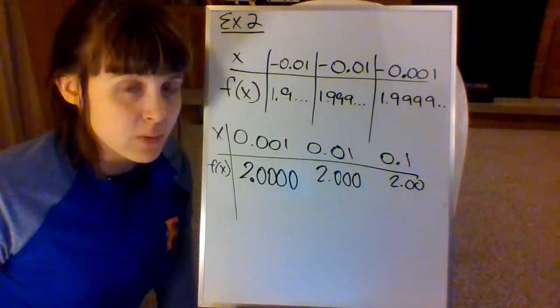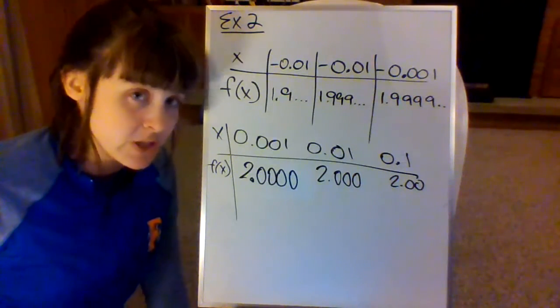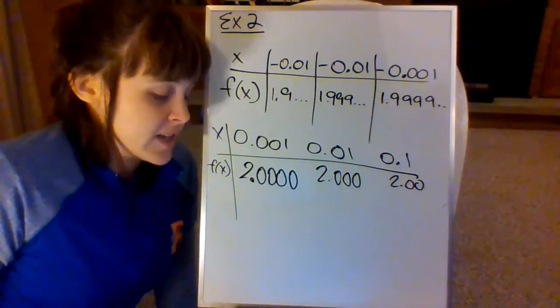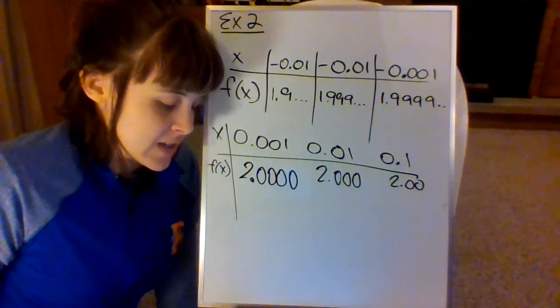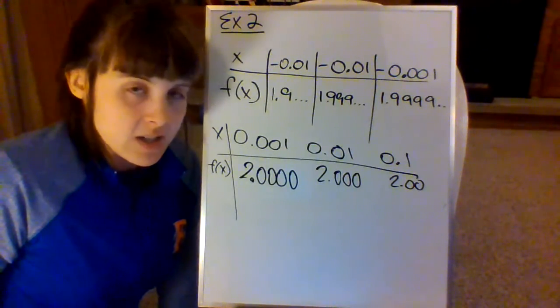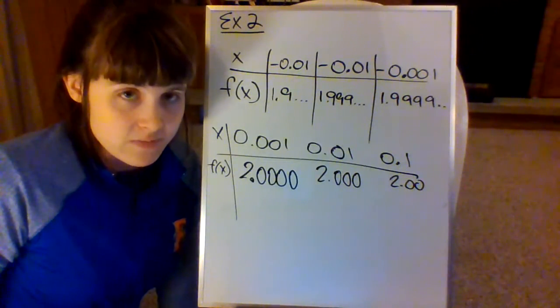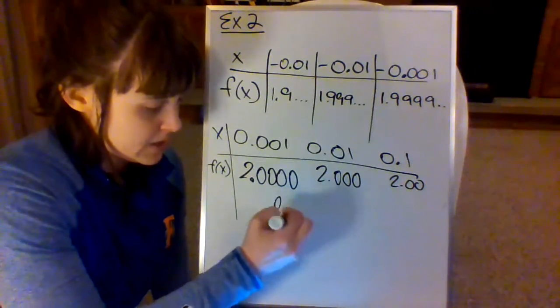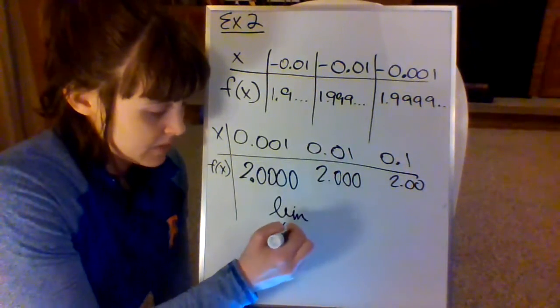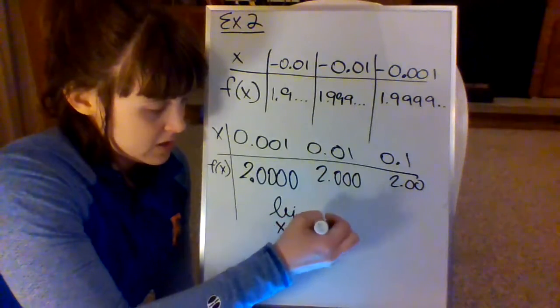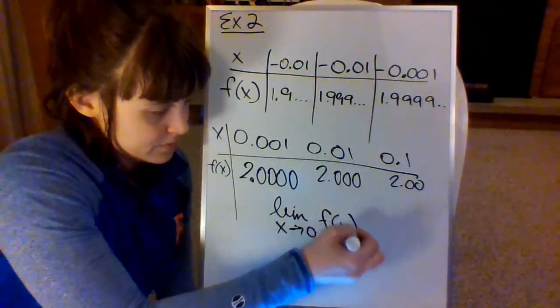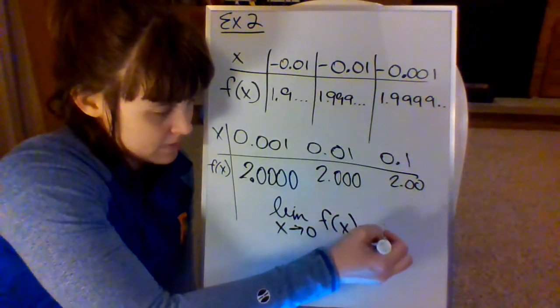Since we're approaching 2 from the left and from the right, you can say that the limit of f of x as you approach 0 equals 2. Okay, so the limit as x approaches 0 of f of x equals 2.